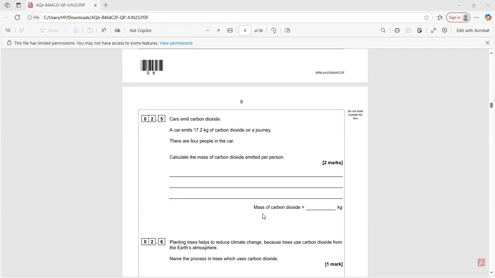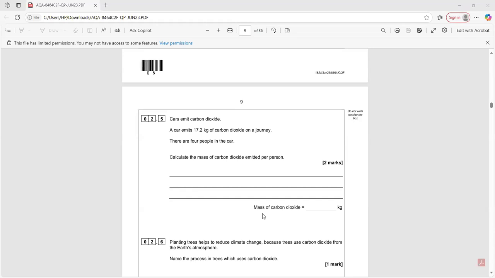The next part says there are 4 people in the car. It now says, calculate the mass of carbon dioxide emitted per person. Simple. 17.2 divided by 4. And you can see the unit is in kilograms. So it's not as if you have to convert anything to grams first before you divide by 4.